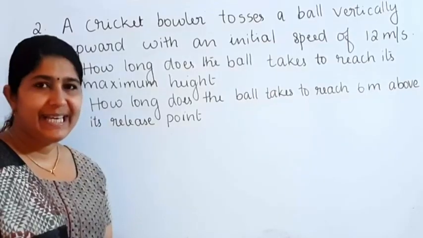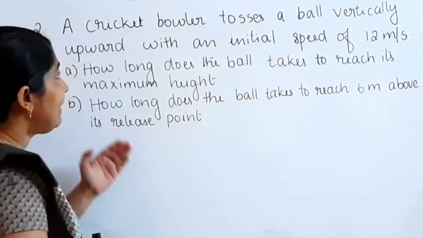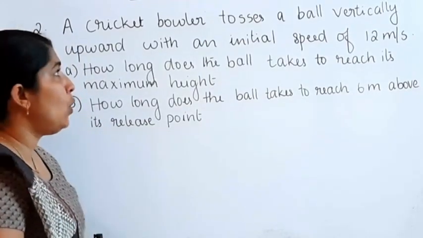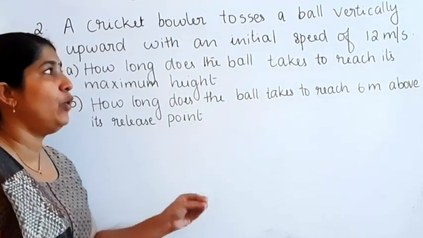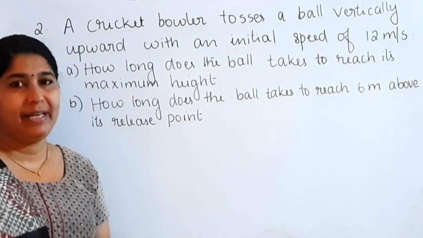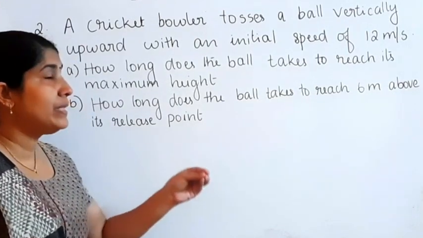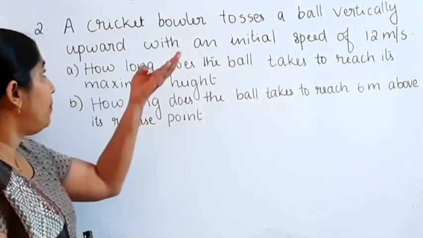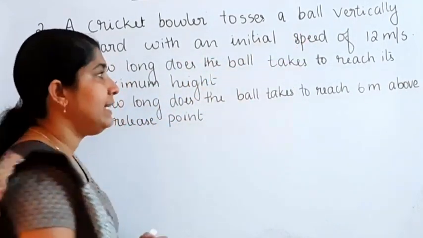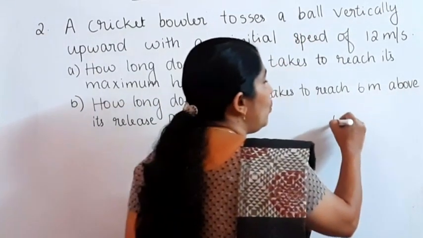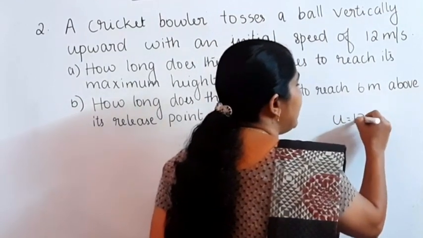Our second question. A cricket bowler tosses a ball vertically upward with an initial speed of 12 meter per second. That is, initial speed u is equal to 12 meter per second.